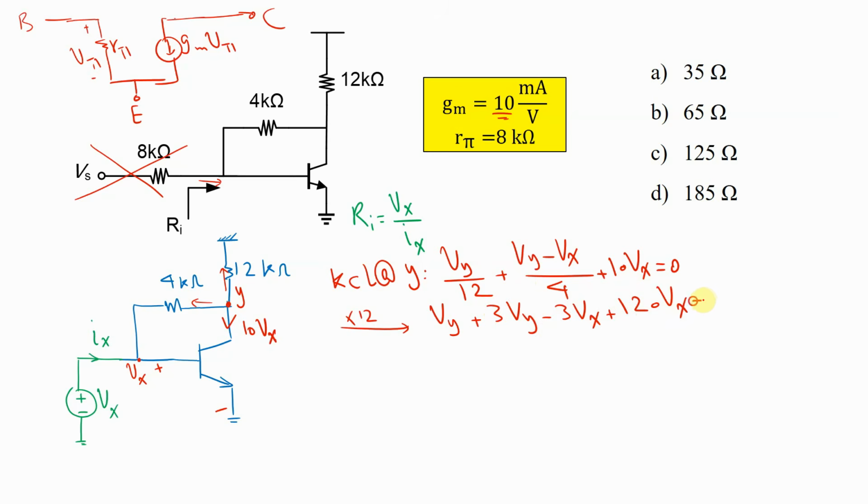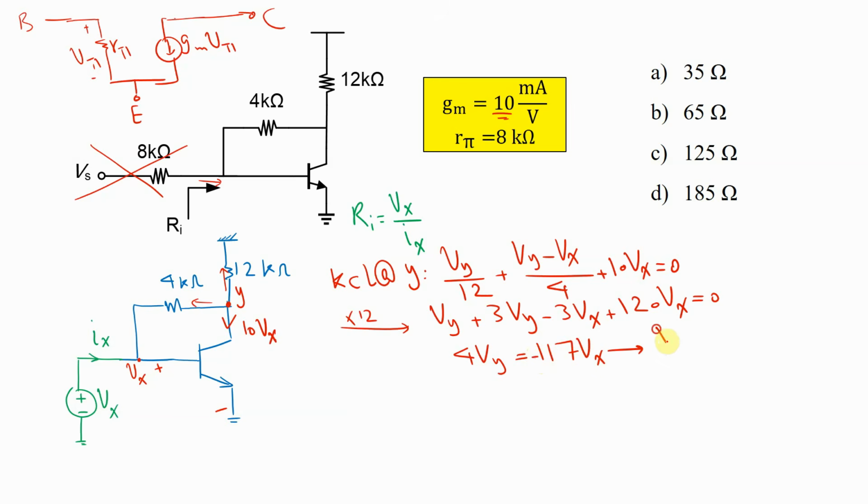Vx equals 0. Now here we have 4 Vy equals 120 minus 3, so this is 115 with the sign minus Vx.